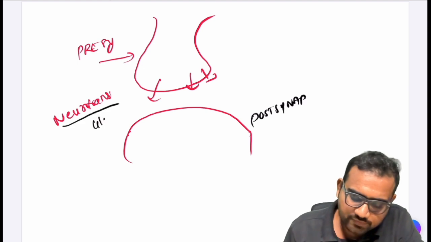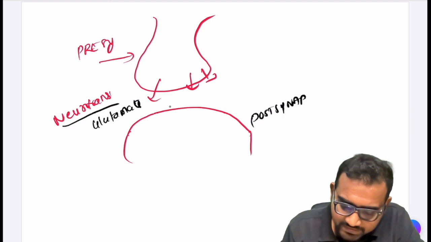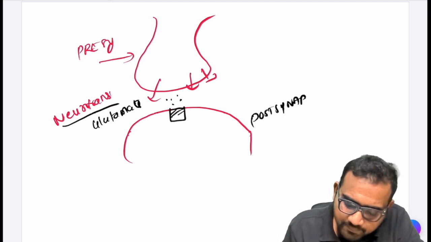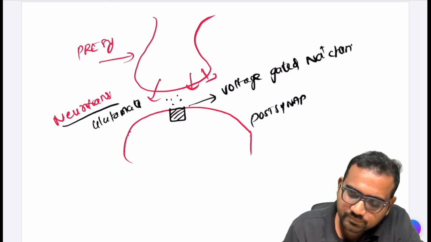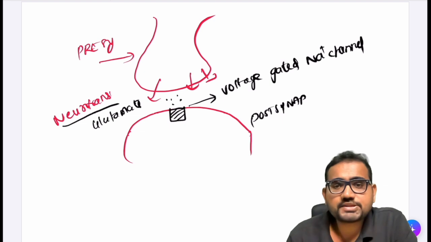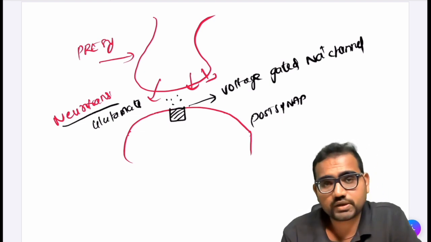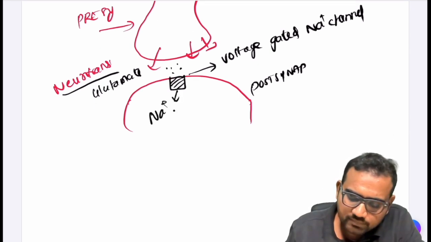So a neurotransmitter, say for example glutamate, is released by the neuron, and once the neurotransmitter is released, it is taken up by what is called the voltage gated sodium channel, very important. So imagine a neurotransmitter is released, it is taken up by the voltage gated sodium channels. So what happens is a greater amount of sodium enters inside the neuron.